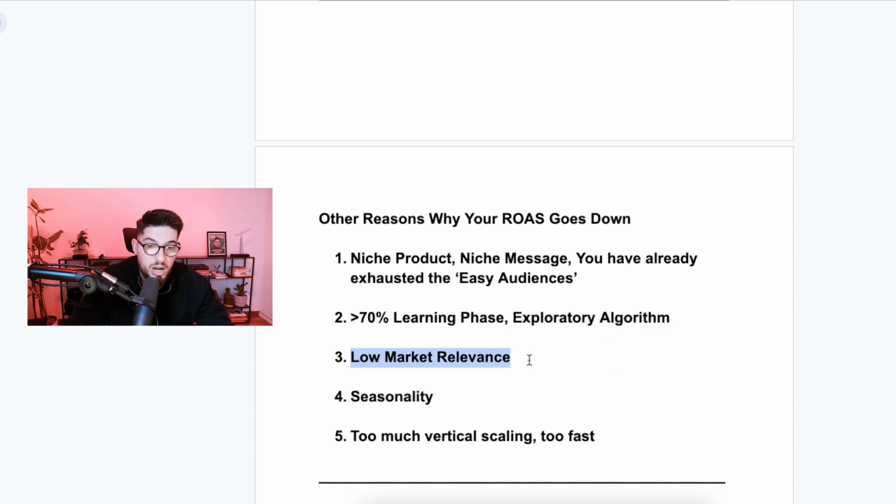You have low market relevance, as if you're selling swimwear in October in Norway. There's nothing I can do if you come to me to sell in Norway. Seasonality, and then too much vertical scaling too fast. This can usually also just break the ROAS.